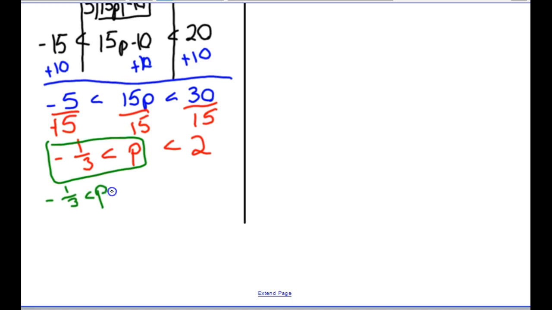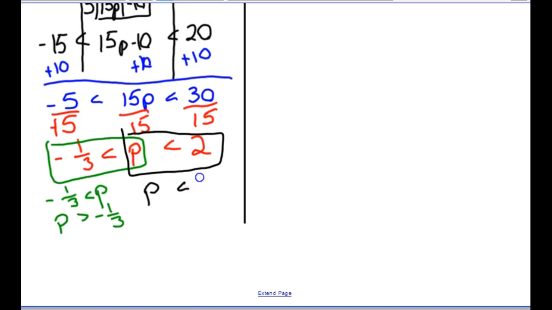Now our variable can never be on the right. It has to be on the left. So we need to flip everything. So now p is going to be greater than negative 1/3. Our second problem is right here. p is less than 2.